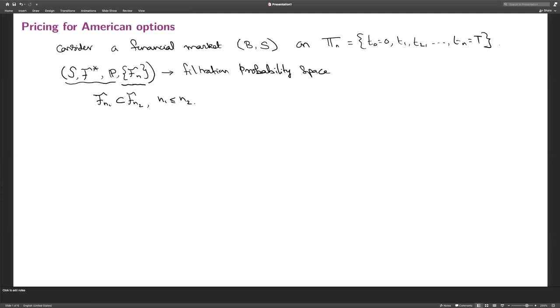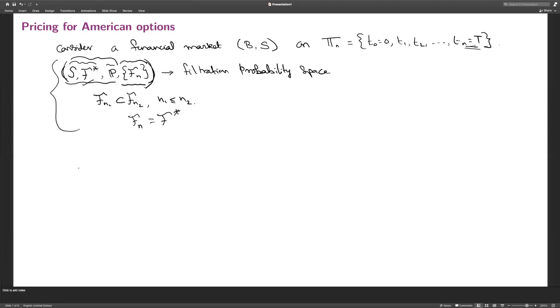If you recall, we have done it in one of the classes, and the sample space and probability together give you the probability space, and associated with this is a filtration. Remember, your filtration at the time capital T is actually your F star, which you have taken here. This is nothing but the power set. So this is just a technicality you just have to keep in mind.